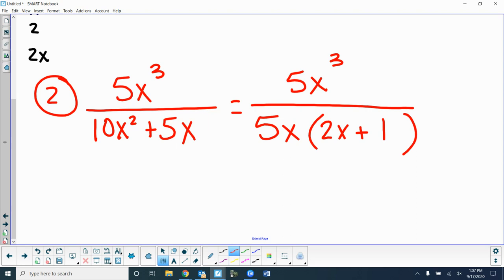So now I look at top and bottom. Do I see common factors now? Yeah, I see a 5. Cancel. And I got an x here and 3 x's up here. What happens? That cancels and leaves me 2 of them, right? So my answer is x squared over 2x plus 1.